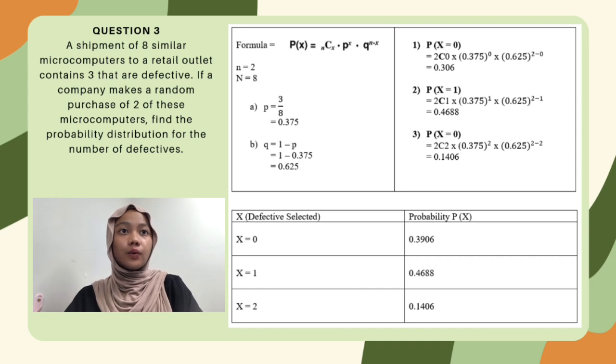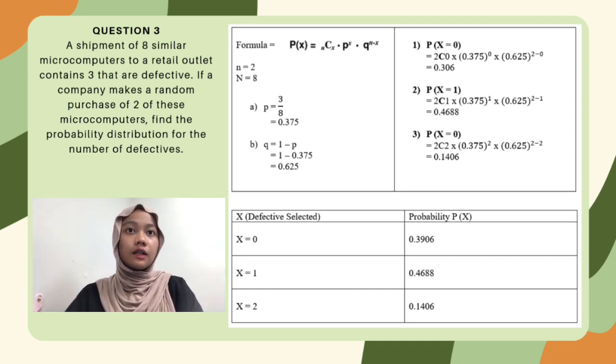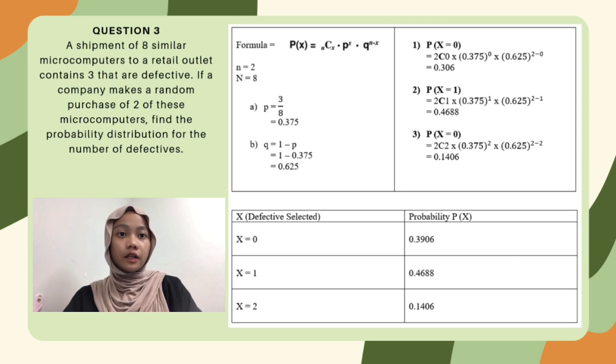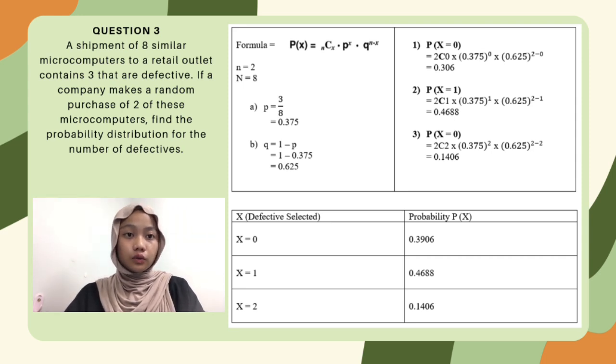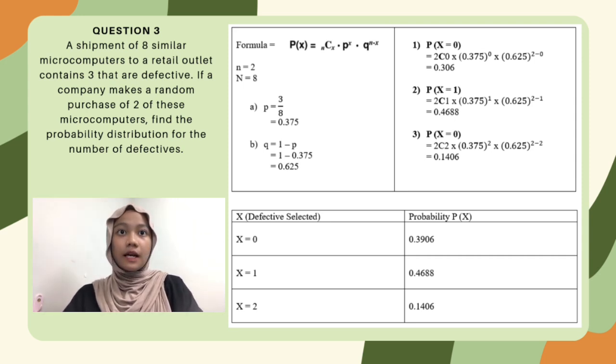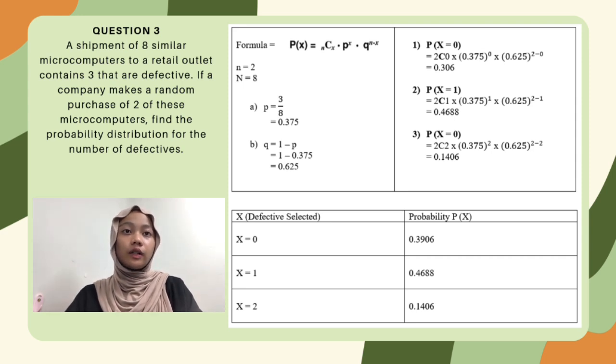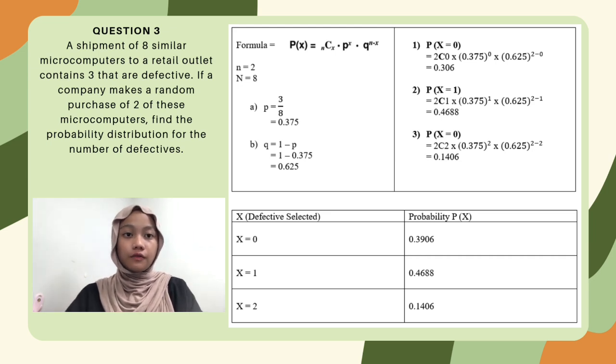This occurs when one selected microcomputer is defective and the other is not. Lastly, when x equals 2, the probability that we got is 0.141. This happens when both selected microcomputers are defective.